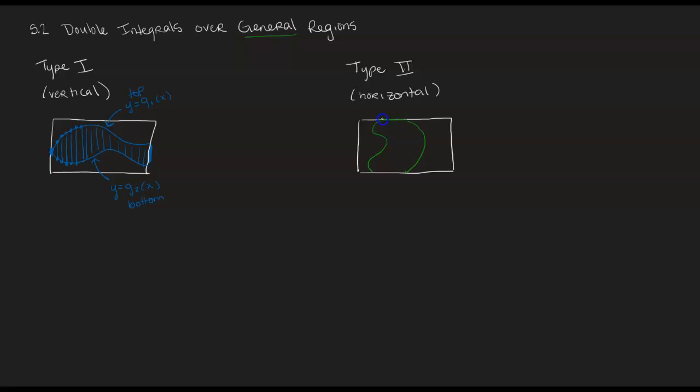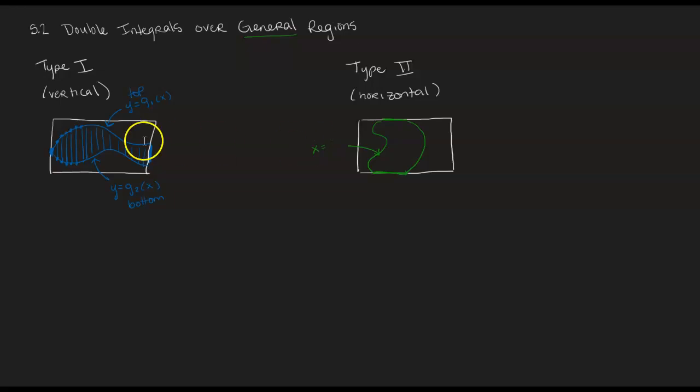This time the top and the bottom of our region is still made up from that perfect rectangle, but the left side of our region is a function. This time it's not a function of x, because this one would fail a vertical line test.